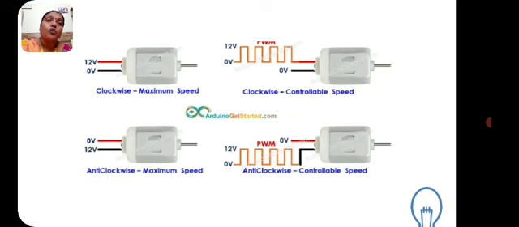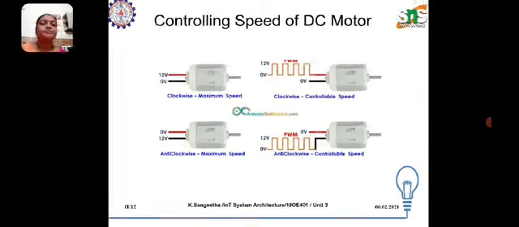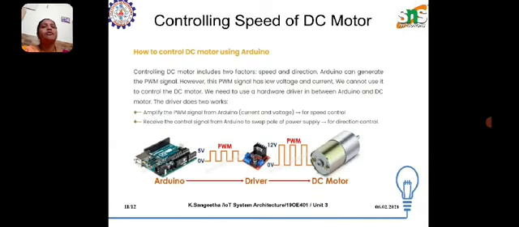If we change the connection between 0 and 12 volt, it is for anti-clockwise direction and maximum speed. Suppose we want to control the speed, the PWM output is connected to the negative pin. So this is for controlling the speed of the DC motor.